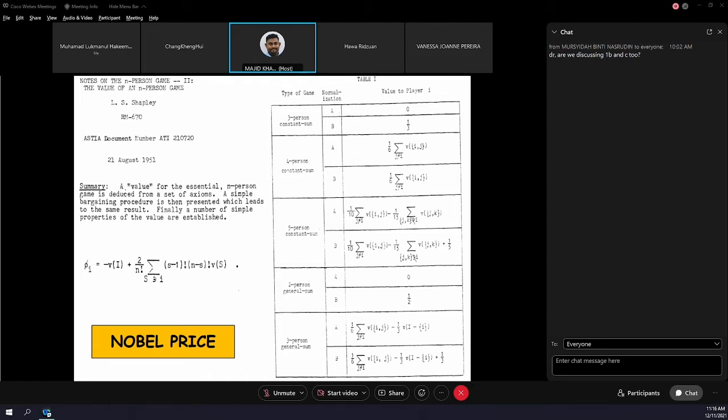They have 3 axioms, and I will explain the axioms next week. It is a simple bargaining procedure. The Shapley value is actually a very well known concept, and it is even used by the Malaysian system. I will let you know where we use it until now.